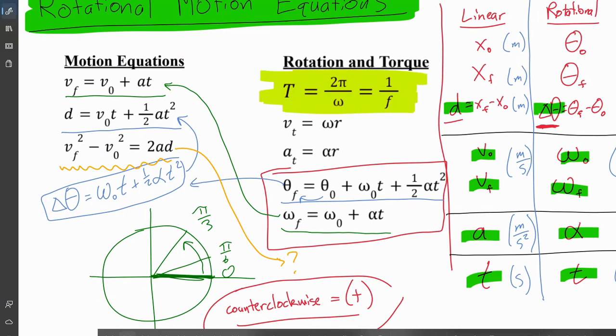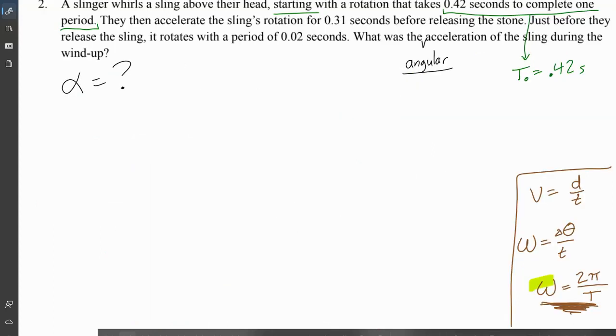In simple harmonic motion, you've used period is equal to 1 over frequency. But now we get to use this middle part, right? It tells you that period is equal to 2 pi over omega. If we multiply by omega and divide by period, we get this relationship here that omega is equal to 2 pi over period.